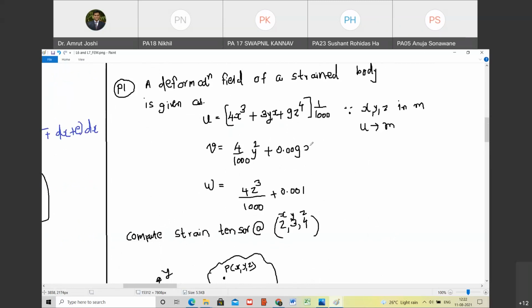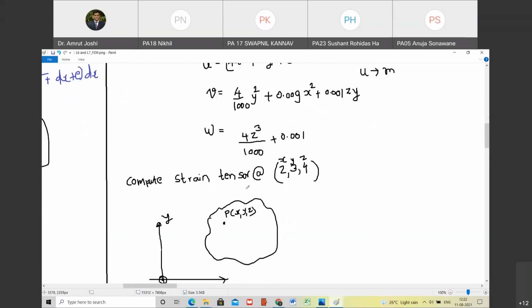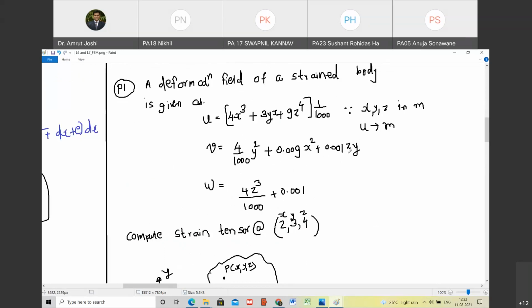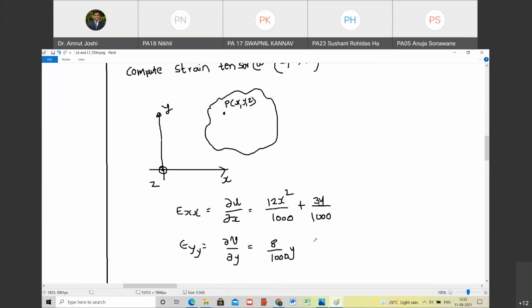Let me call this as x square plus 0.001 zy. हाँ, बोलो क्या होगा? 8 by 1000 y. Do you agree with me? लेकिन सिर्फ उतना ही नहीं है, ये zy भी है ना. So it is going to be plus 0.001 z. Do you agree with me? Yes, sir.